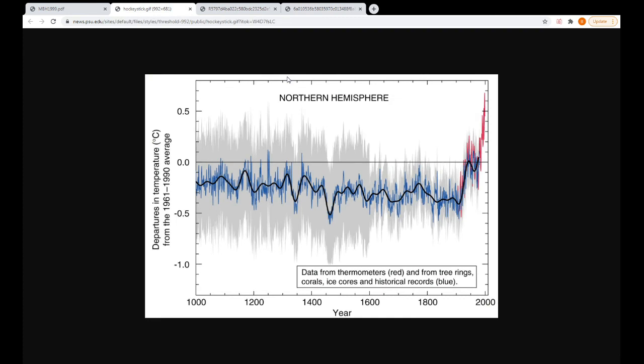Anyone who looked at this graph, who just glanced at Michael Mann's famous hockey stick reconstruction, the one that Mark Steyn said is fraudulent, would see there are clearly two separate lines with two separate colors representing two separate things.